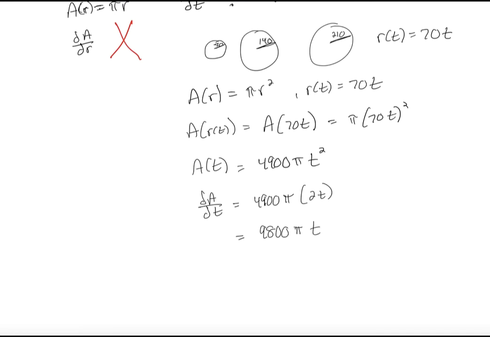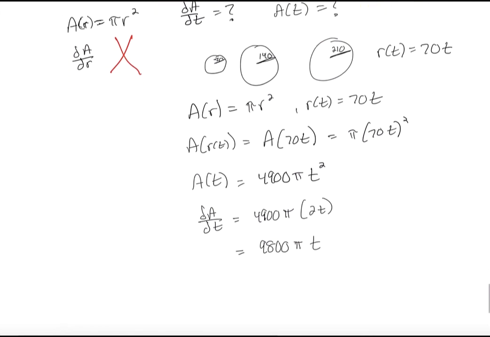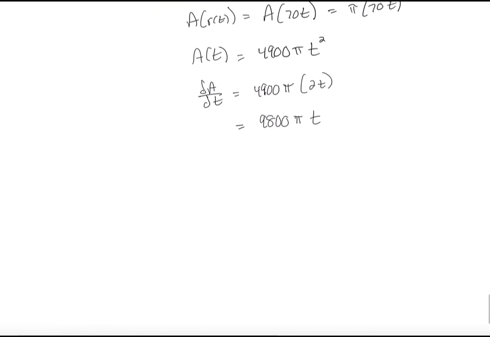Now the problem asked me for the rate at which area was changing after 1 second, 3 seconds, and 6 seconds. So now I'm just going to find A prime at 1, A prime at 3, and A prime at 6. For the first one, if I plug 1 in, I'm obviously going to get 9800 pi.